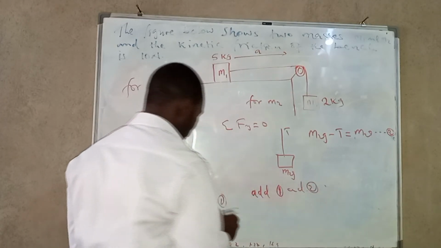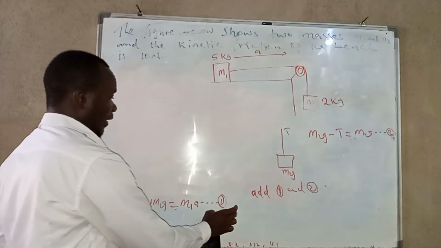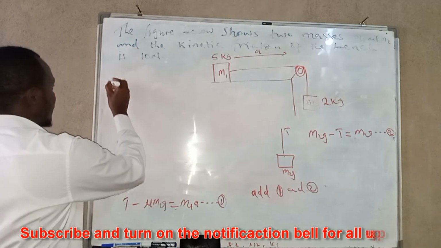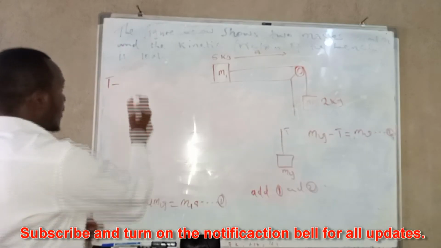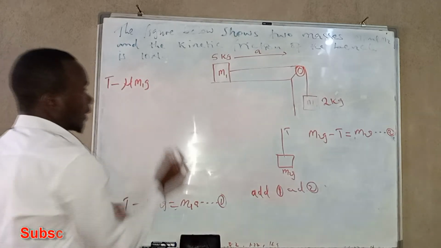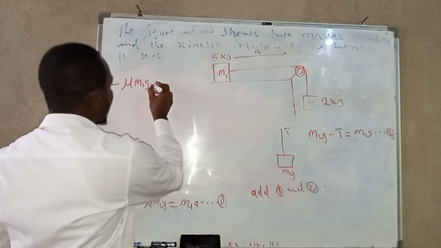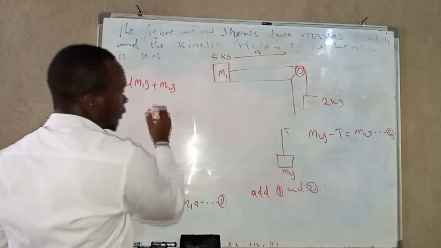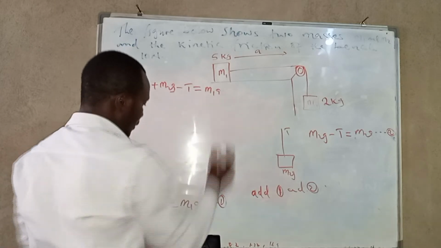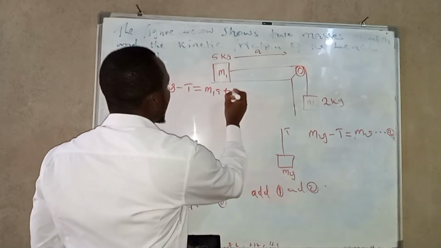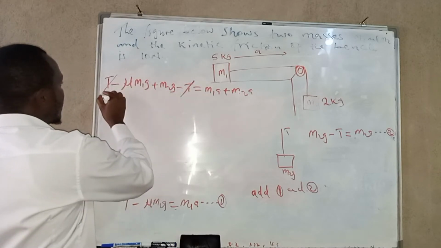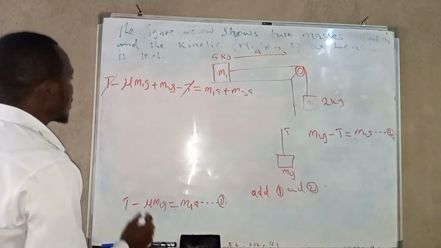From the left hand side, we have T minus mu M1G from equation 1. Then from the other equation, we have plus M2G minus T. This will give us M1A from the first, then plus M2A from the second. So this T is positive, this is negative, so they can go.